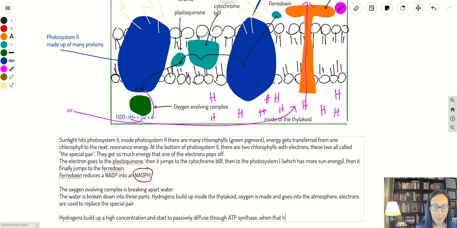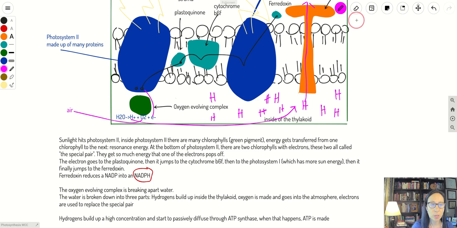When that happens, ATP is made. This ATP synthase is an enzyme that makes ATP, and the only way it works is when a hydrogen passively diffuses through it. So as a result, we get ATP made.